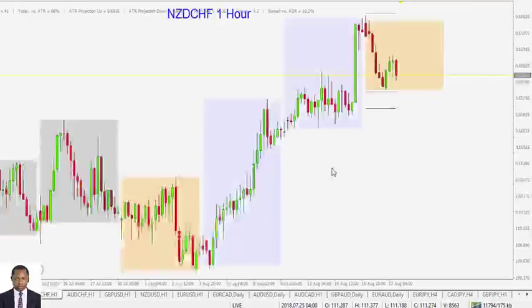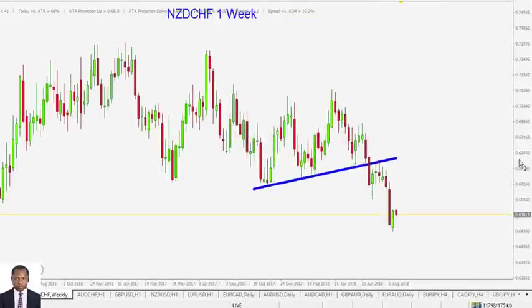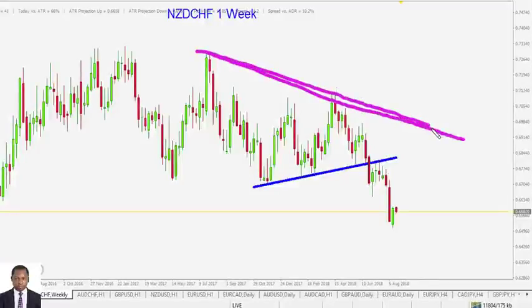All right, New Zealand dollar against the Swiss franc. There was indeed a nice breakout pullback continuation pattern here in the weekly time frame. Let's see. Should be a line right here.